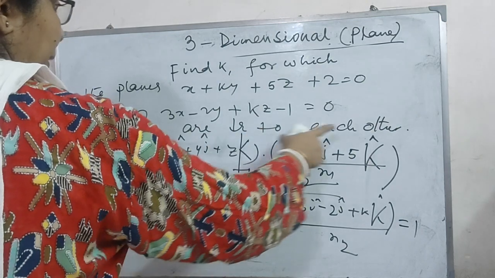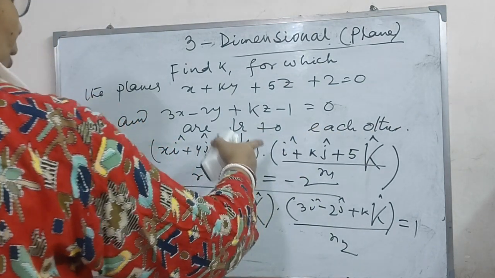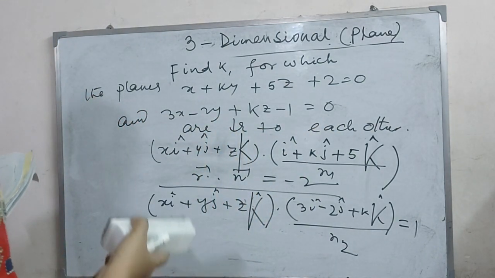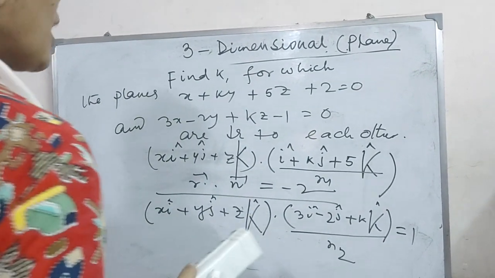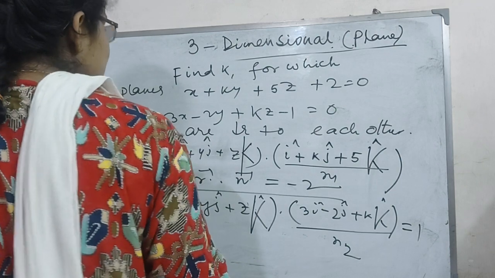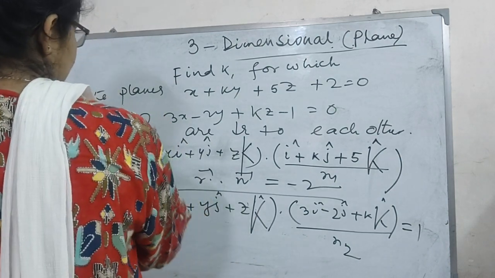For perpendicularity of two planes, when two planes are perpendicular to each other, then n1 dot n2 equals 0. We have to prove it.